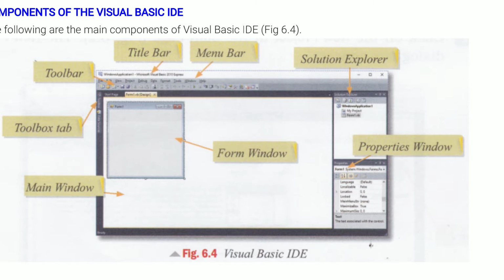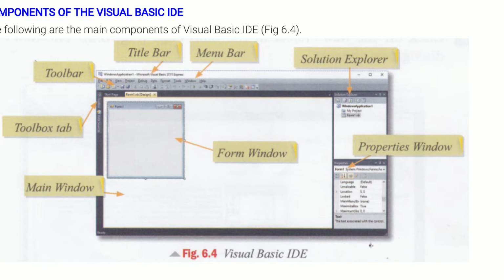Next component is main window. As you can see on the screen, the window indicated as main window is the area where we work to create the application. We use this window to work with forms and edit codes. There are tabs on the top of the window for every opened file.